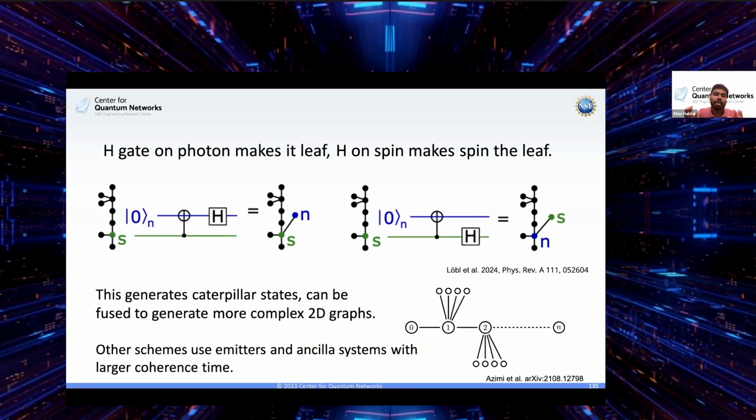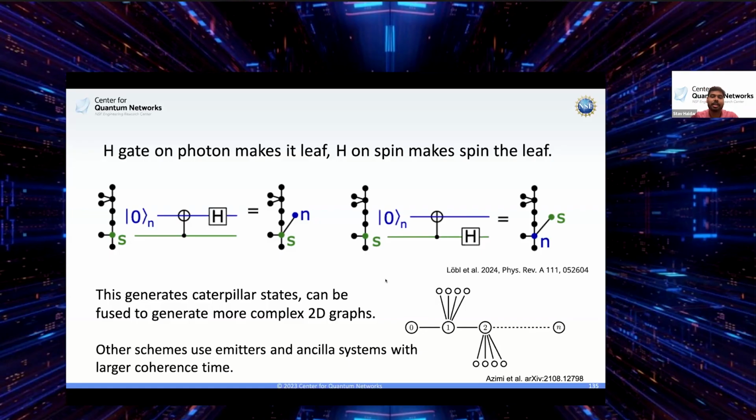So there are many ways of generating these cluster states, and this is a very rich field of work in itself. How to efficiently generate, what would be the minimum number of emitters that you would need to generate a graph state of a certain size, how many fusions would you have to do, how to optimize those fusion operations, because each of them is probabilistic, let's say.